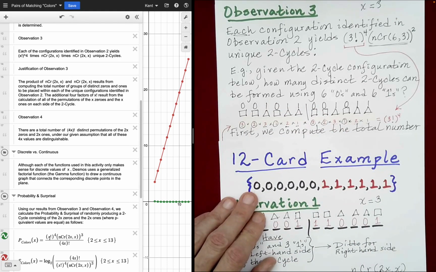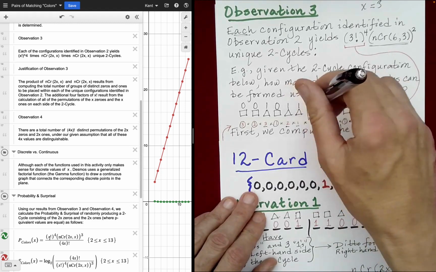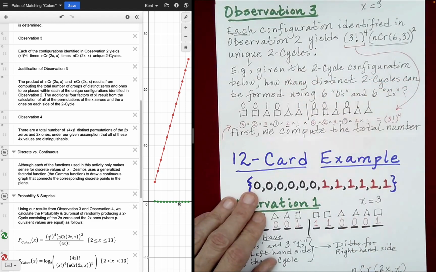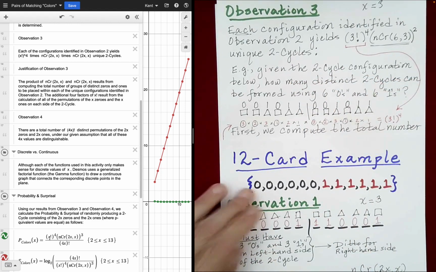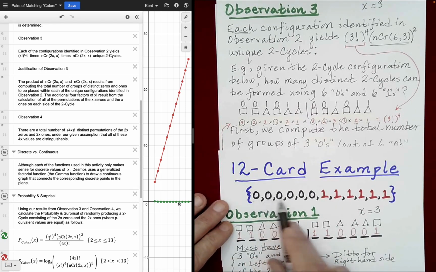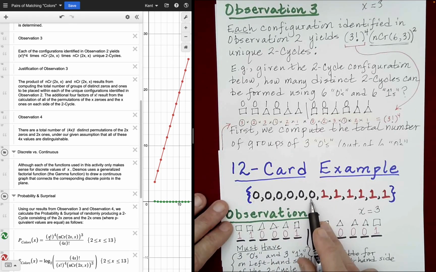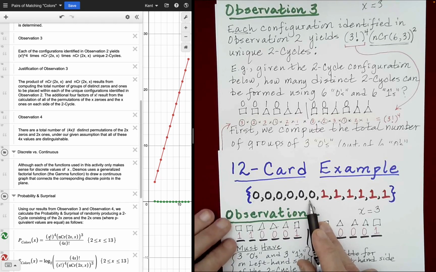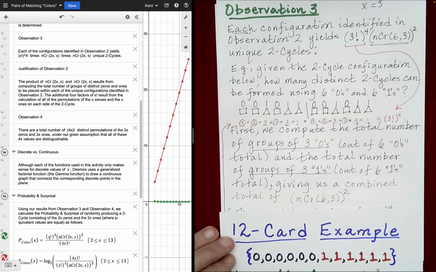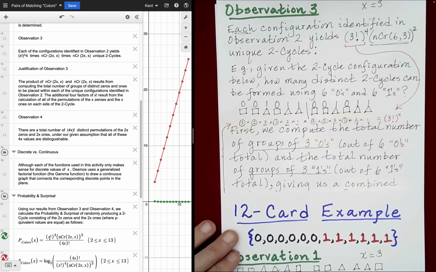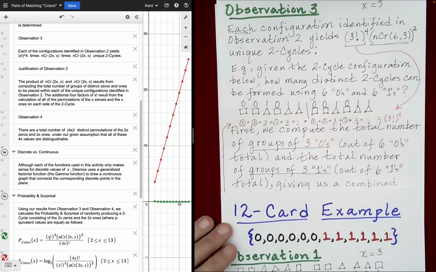All of the remaining zeros and ones will be designated to fill the spots on the right-hand side. So we have 6 zeros, and we're going to choose 3 at a time. How many ways can you do that? Well, that's just 6 choose 3. Same thing for the ones. How many ways can you choose 3 ones at a time from a set of 6 of them? It's just 6 choose 3 for the ones as well.